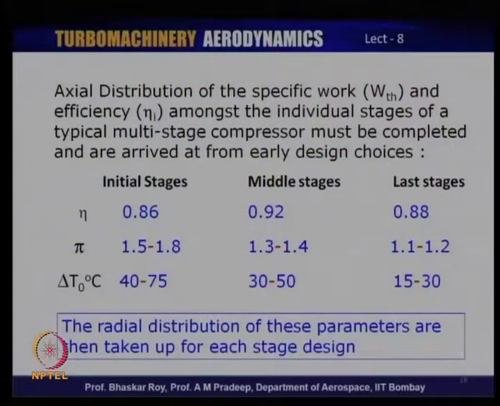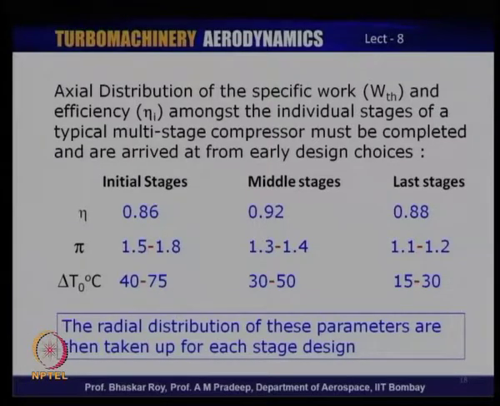Let us look at a few numbers that you need to set forth for design of a multi-stage axial flow compressor. In the initial stages, you would be looking for efficiencies which are likely to be a little lower, because the blades are big and high aspect ratio, and they often have a certain amount of distortion or non-uniformity at the inlet, and hence quite often the penalty is paid in form of efficiency.